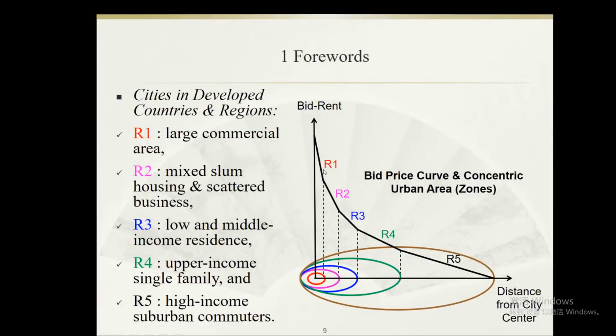For a big city in the US, a European country, or somewhere else in developed countries, R1 is a large commercial area. Large commercial, no livelihood. So in the evening, it's very dangerous here. Yes, very dangerous.